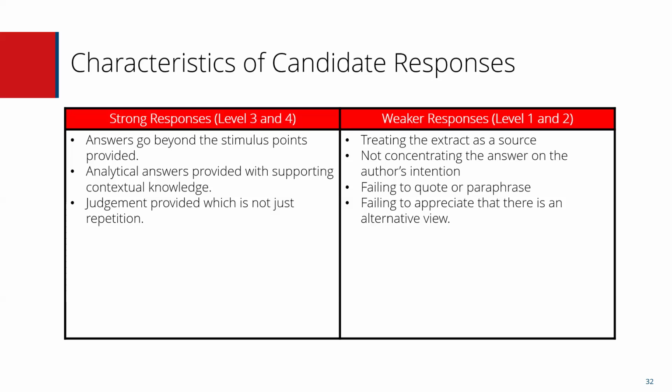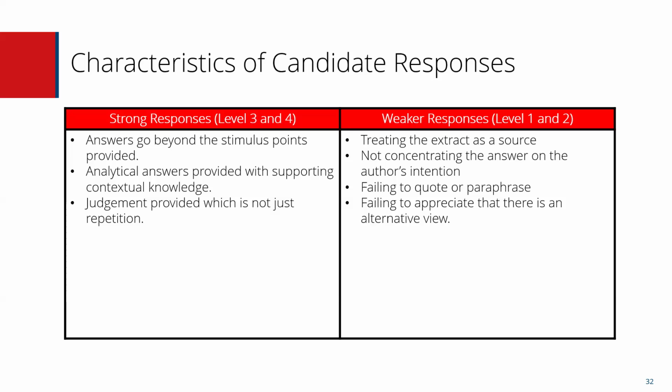So your strong responses, your level 3 and your level 4, they need to go beyond the stimulus points. They need to be analytical, and what they're saying needs to have supporting knowledge. And the judgment needs to be clearly provided, not just repetition.